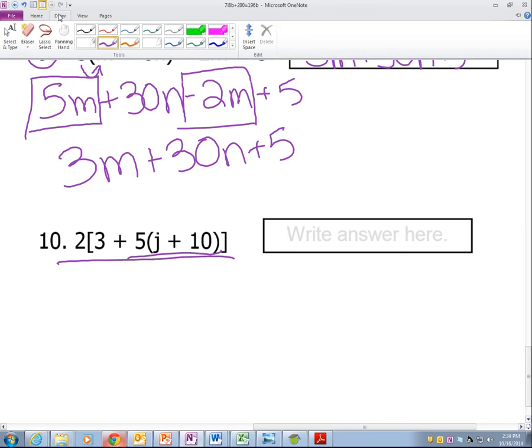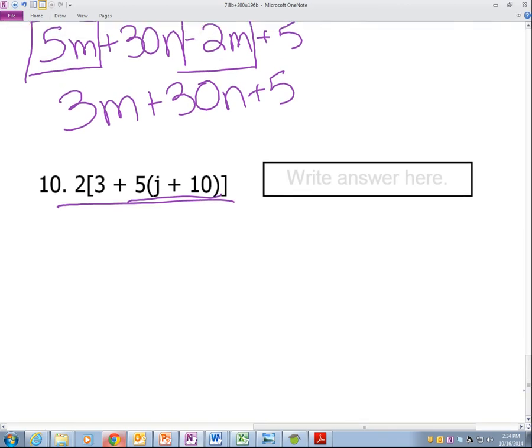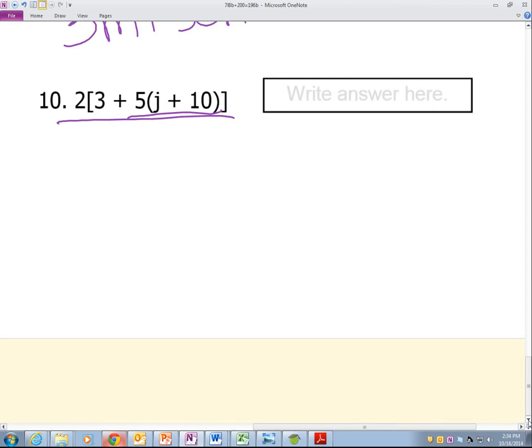Okay, good. All right. How many people think that they did number 10 correct? Raise your hand. Okay. Let's see. All right, so I'm going to do it up here. You guys can do it silently. Just don't look up here. I'll do it silently, and we'll see if you did it correct.